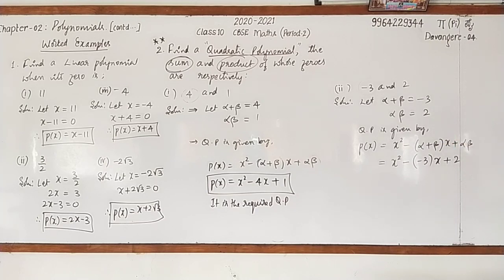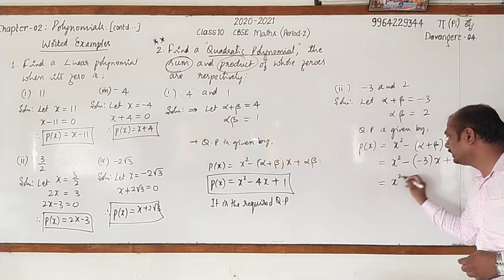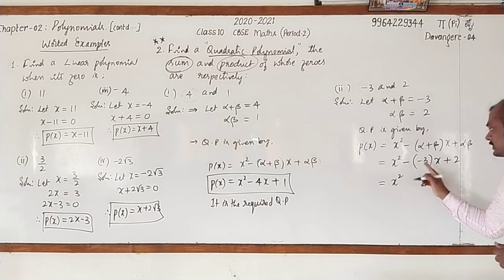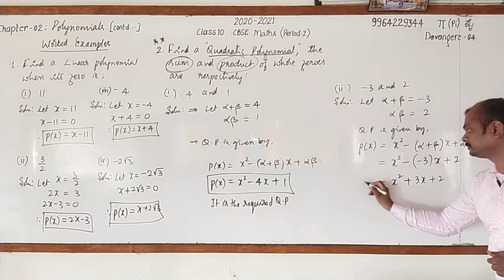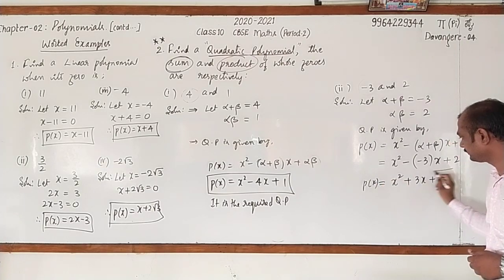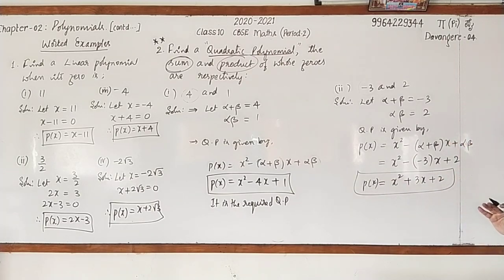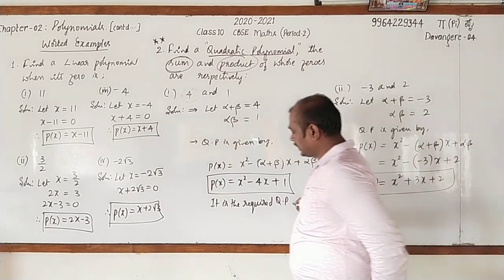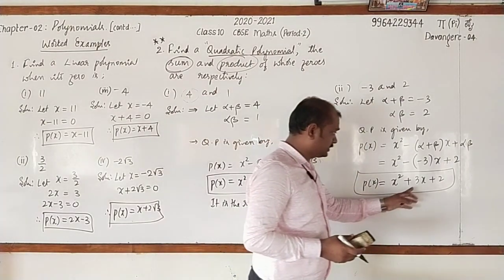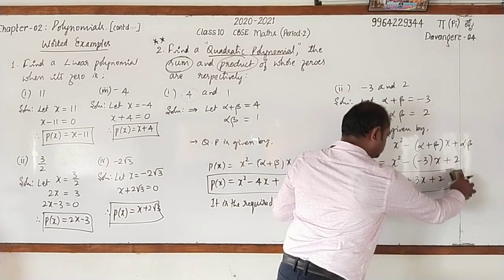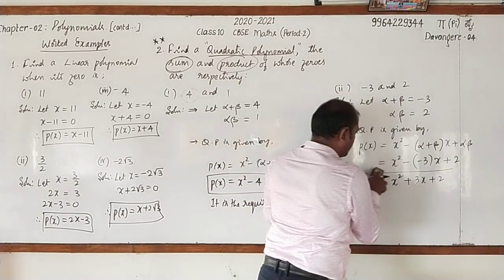We can write it directly. This is equal to x square plus 3x plus 2. Understood? You can write the conclusion in another way as, therefore, the quadratic polynomial is x square plus 3x plus 2. I'll write that also.